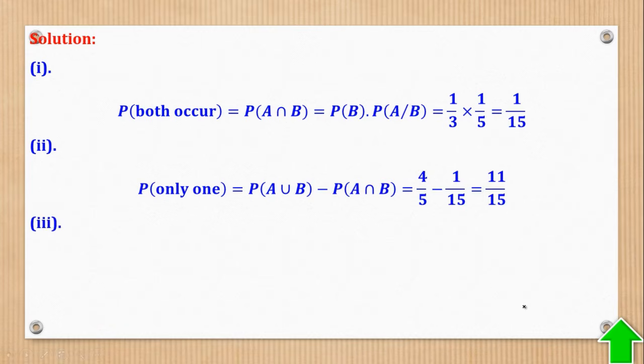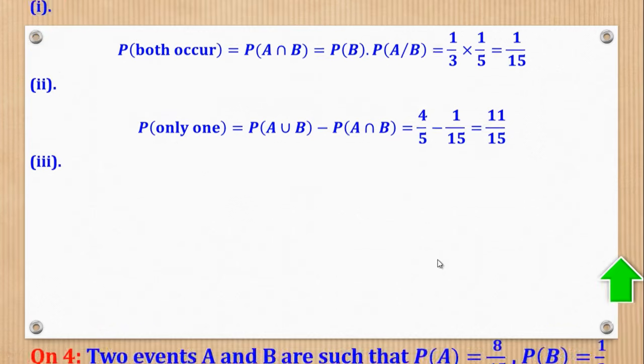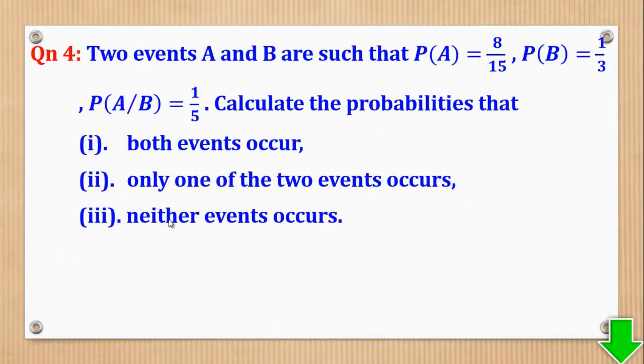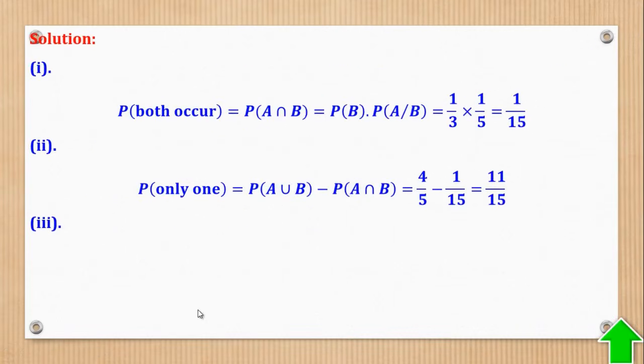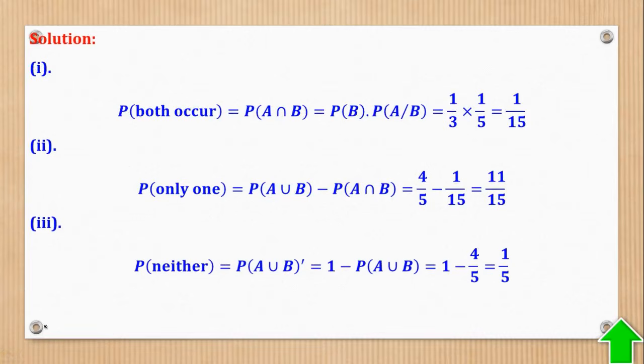So that was Roman 2. What about Roman 3? For Roman 3, probability that neither event occurs. Neither means complement of the union. So complement of the union is this, which is 1 minus A union B, which is 1 minus 4/5, which gives you 1/5.